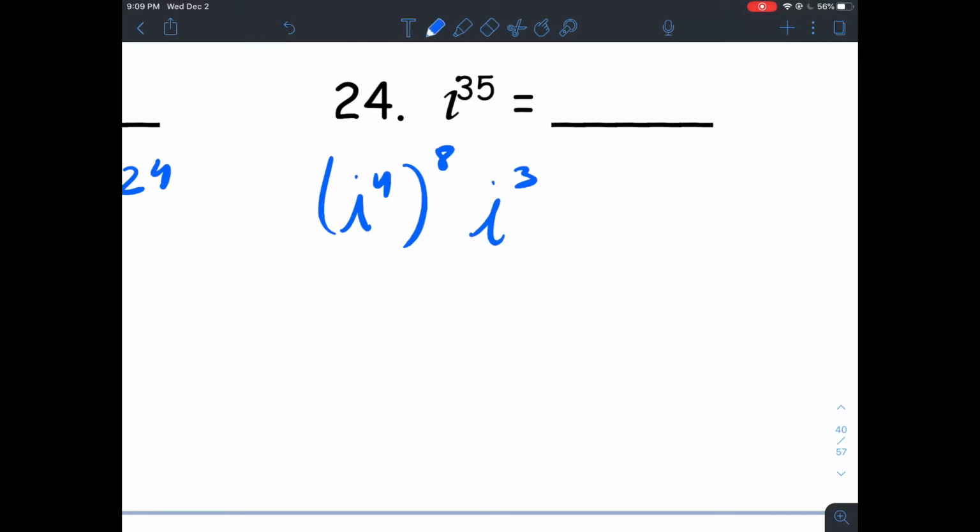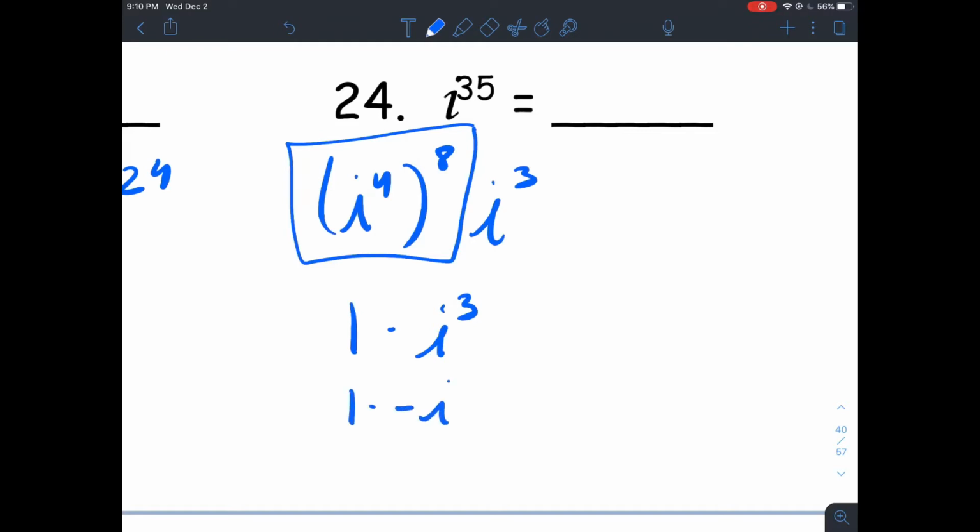So how did I do this? I did 4 times 8 gives me i to the 32. i to the 3rd would get us to 35. So now we know that this guy is just going to go to 1. And we also know that i to the 3rd power is equal to -i, which is just going to give us a -i.